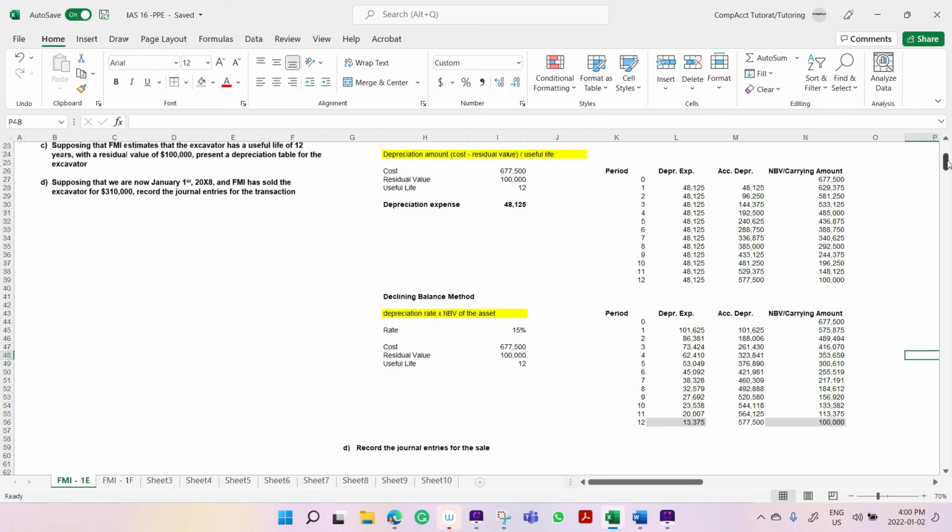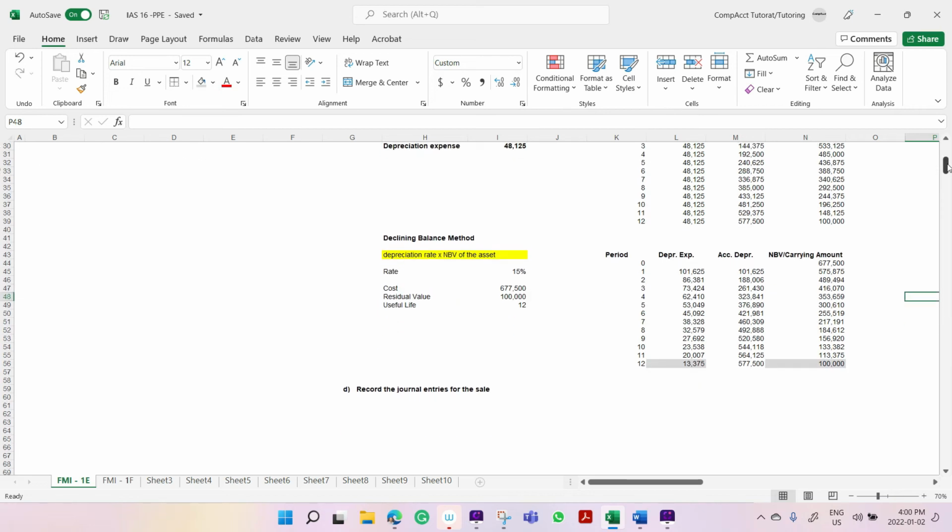So if we go back to our slides, the derecognition takes place when the asset is sold or disposed of. So obviously that's not a question. We have to derecognize the asset. And going back to the slides, we know there are three key steps you have to follow. The first step is you have to record the consideration.